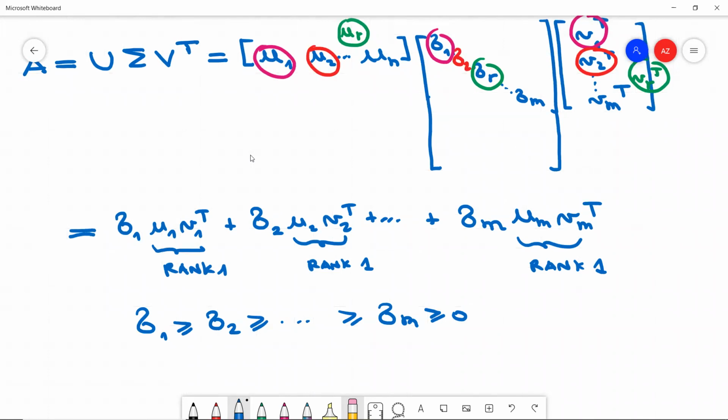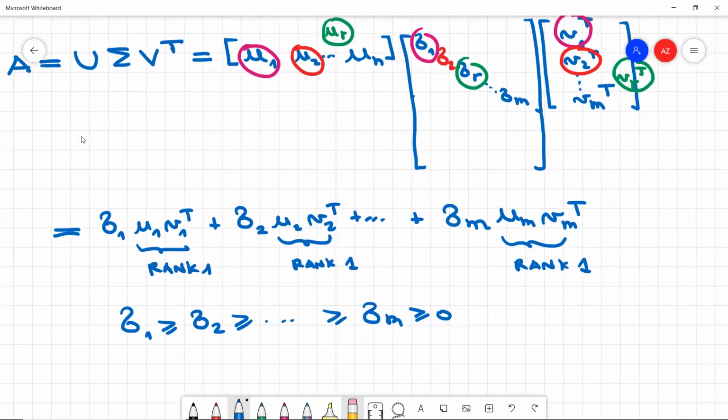So we have a lot of rows, and the number of columns is smaller, but we have a big matrix. But we want to somehow store this matrix with a small number of data. So we don't want to store all the information about A, only the most important part.